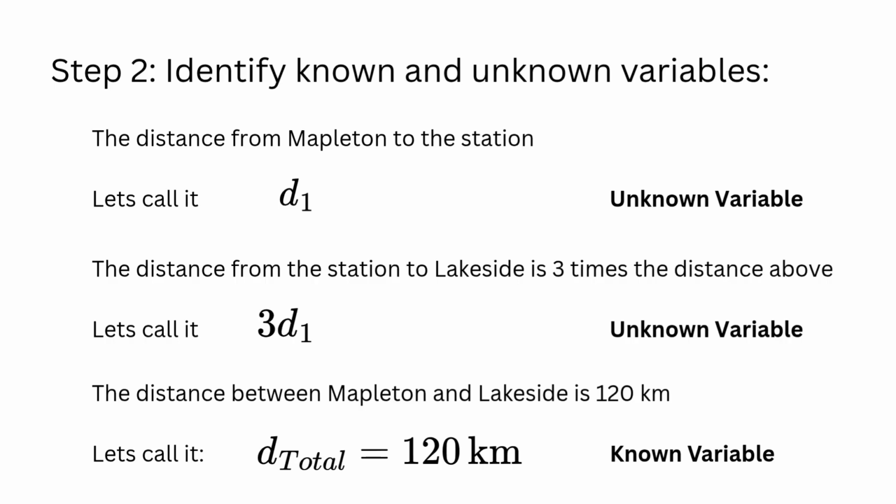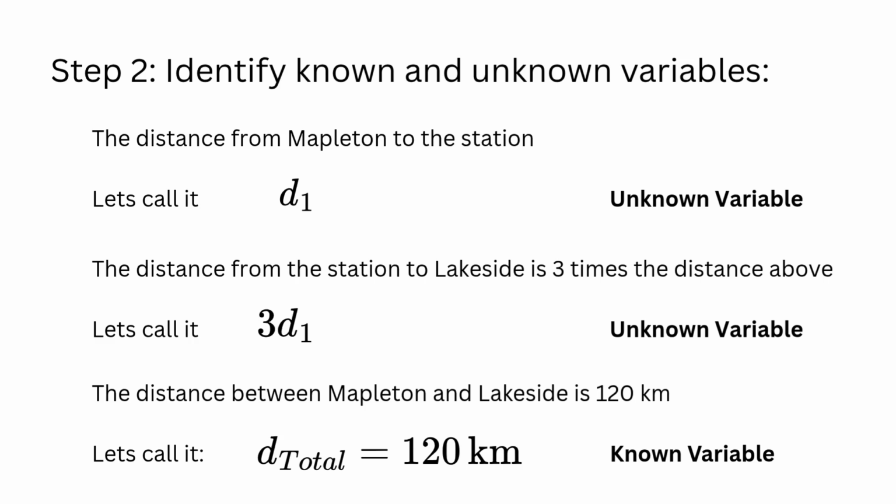Let's call this 3D1, another unknown variable. And finally, we have a known variable, which is the distance from Mapleton to Lakeside, which is 120 kilometers. Let's call this D total equal to 120 kilometers.